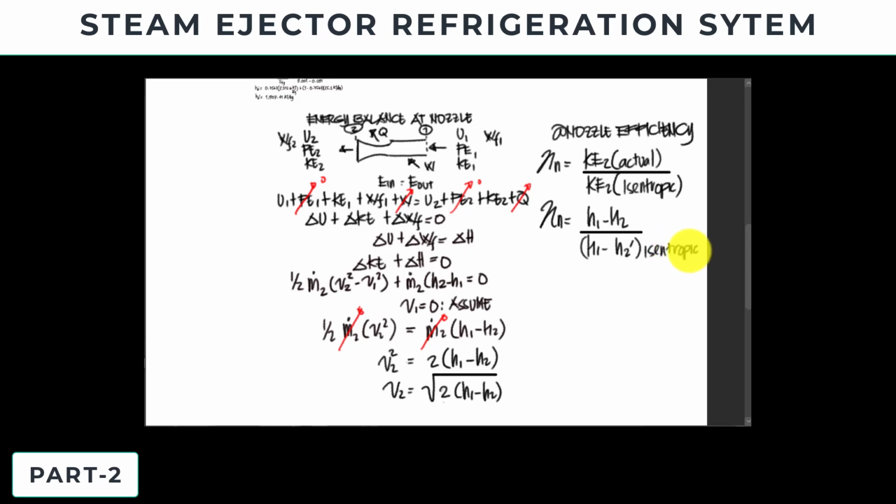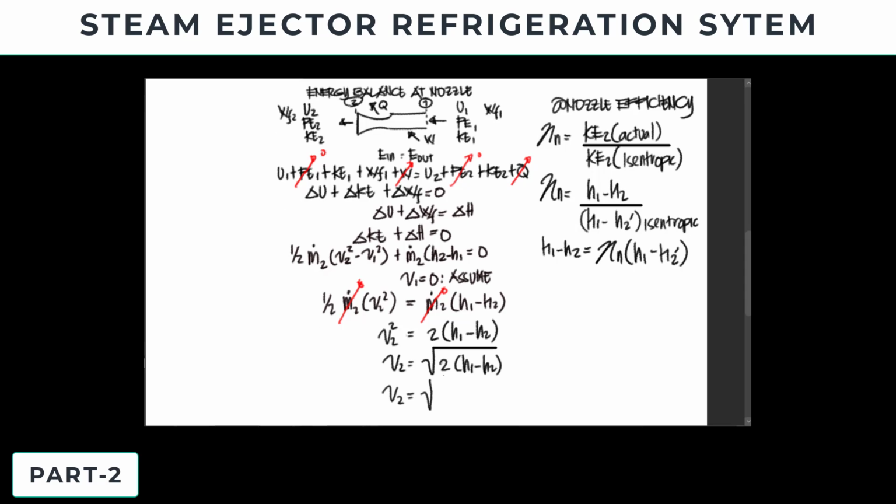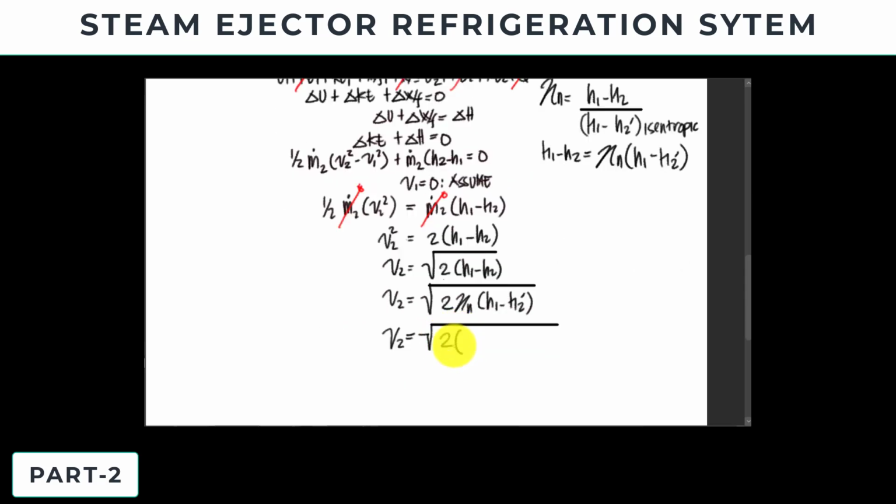Okay, so we can say that my enthalpy 1 minus my enthalpy 2 is equal to the efficiency of the nozzle times enthalpy 1 minus my enthalpy 2 prime. Now the efficiency will be 0.85, times the value of enthalpy 1.